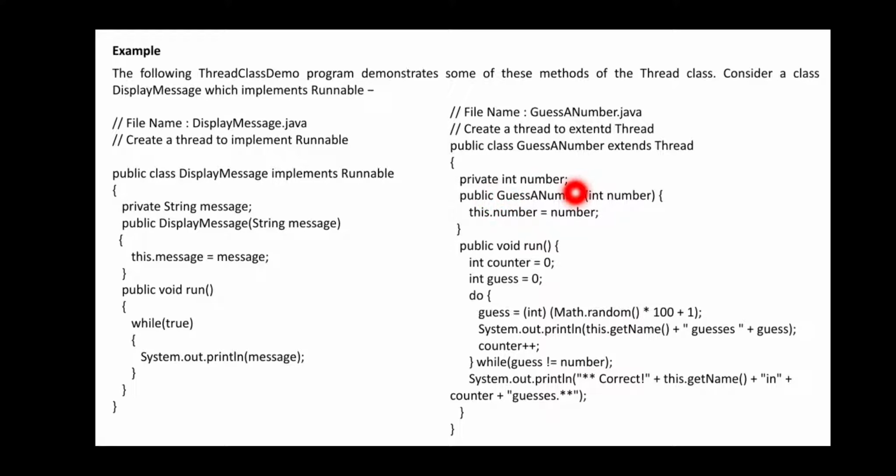Private int number, then GuessANumber(int number), this.number = number. So this is a constructor which is going to accept the information at runtime and display it back to you. Okay, public void run: int counter = 0, int guess = 0. Then guess = (int)(Math.random() * 10 + 1).